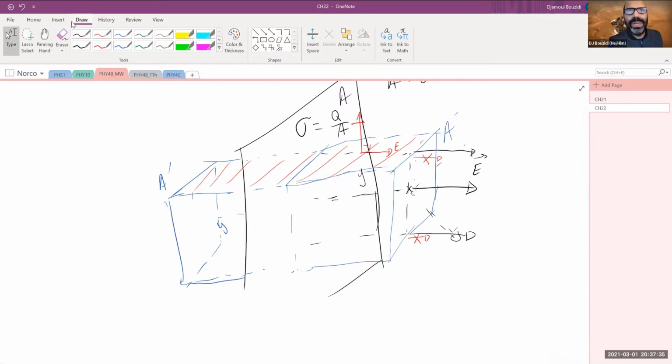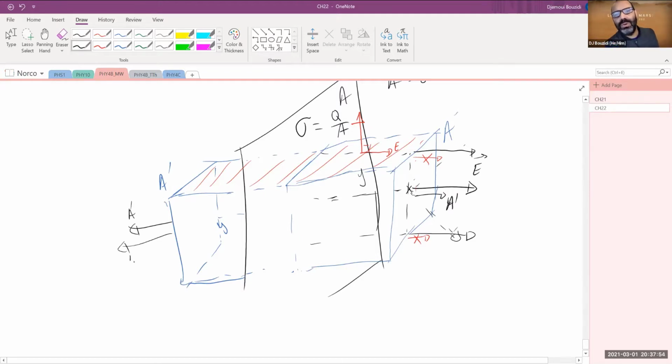Now, the electric field is pointing in this direction, and the area A prime is pointing in this direction. So again, the dot product is going to give me a positive value. Cosine of 0 is 1. The same thing in here. The area A prime is pointing this way, and the electric field on the other side is expected to be pointing in the other direction.